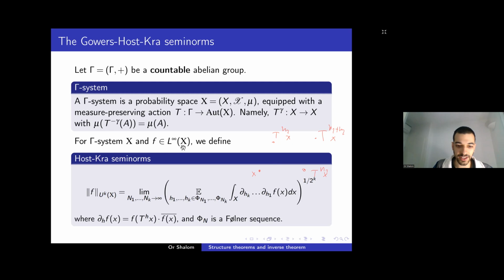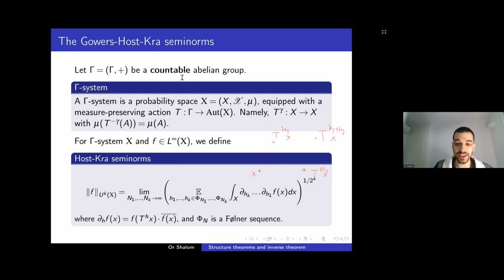So if I have a function on X, I can define the derivative in direction h using essentially the same definition as Gowers did. And then we need to average over all values of all of these derivatives. To average over x is not a problem. X is a probability space, so we can take an integral. But averaging over the times is a bit complicated, because unlike in the case of Gowers norms, now the group is countable, it's infinite.